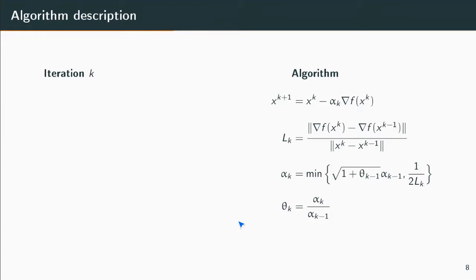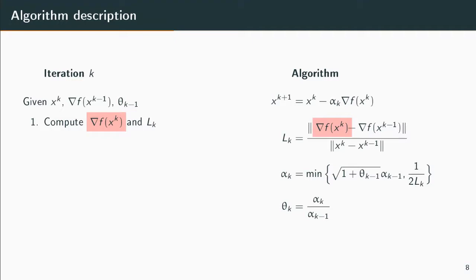At iteration k, we assume that we have xk, our gradient, and theta k minus 1. So what are we going to do? We compute our gradient at point xk, reuse the previously computed gradient at point xk minus 1, and with this we compute the constant lk, like a local Lipschitzness.